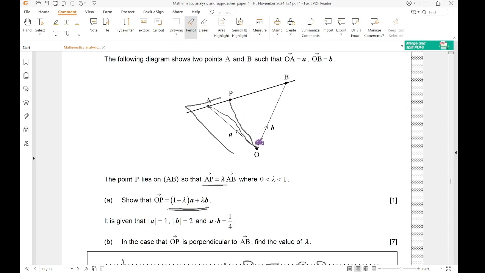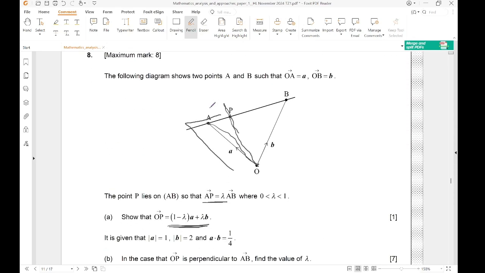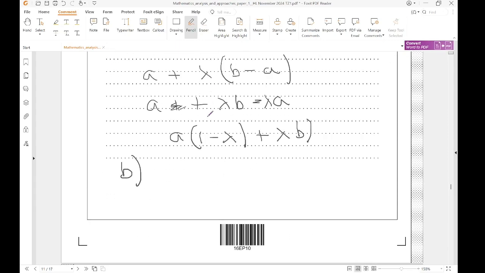This is the line OP, perpendicular to AB. In vectors, we know that any two lines that are perpendicular, their dot product will always be equal to 0. So OP dot product with AB will be equal to 0.